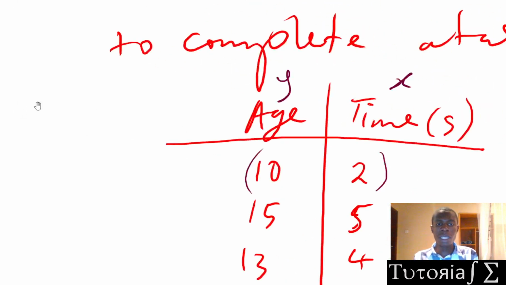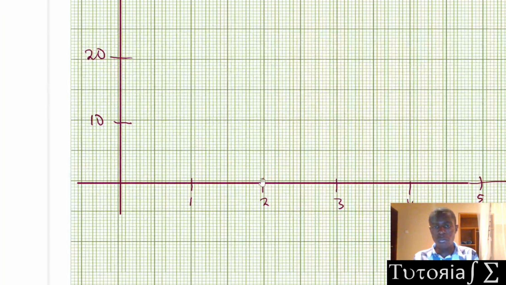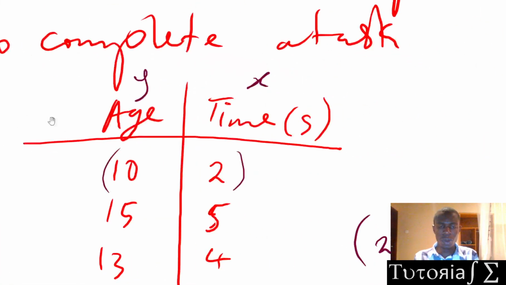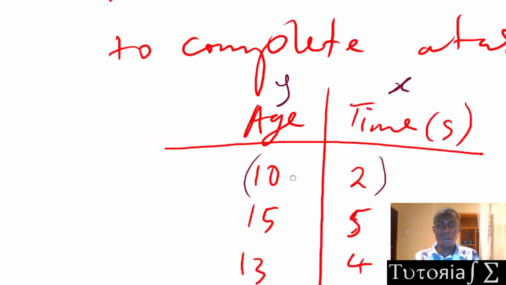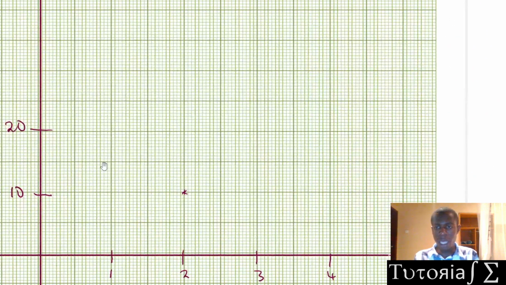So the first point is 2, 10. We look for 2 here, 10, it will be somewhere there. So we put a star there. Then the next point is 5, 15. Okay, so 5 is there, 15 will be halfway there.